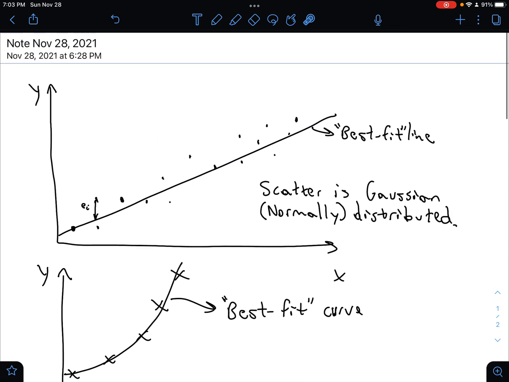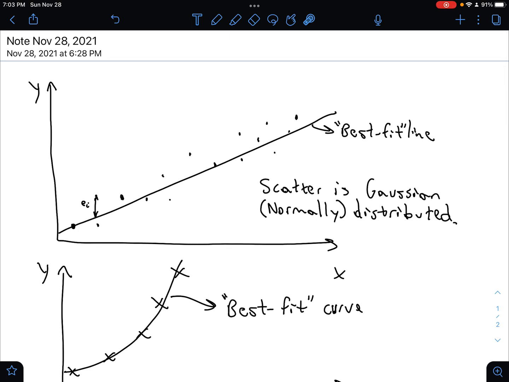And so you could think of this best fit line as being the line that goes through all the peaks, all the highest points of the Gaussian curves defined for each value of x. And the question is, how do you actually calculate it?